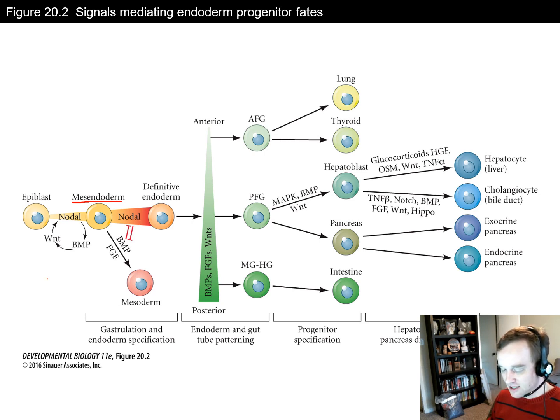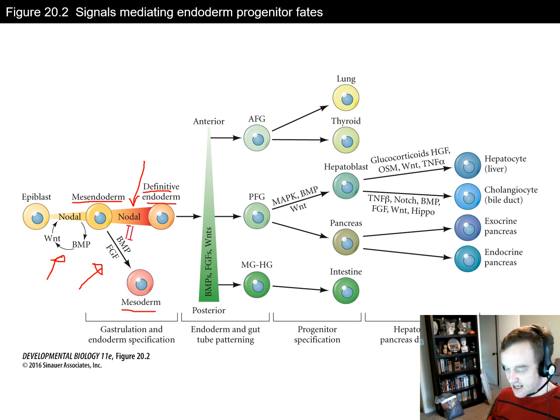Nodal, WNT, and BMP cycle to create that conversion. And then depending on exposure to nodal and to FGF or BMP, we have two different lineages we can go down. If you have BMP and FGF, you become a mesoderm cell. If you're exposed to high concentrations of nodal, you become a definitive endoderm cell.